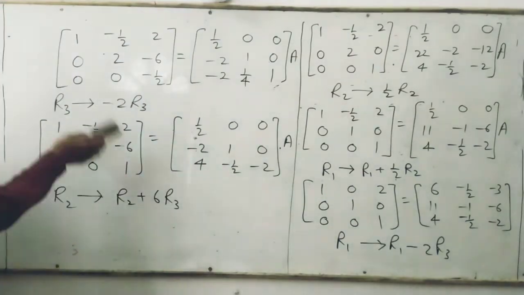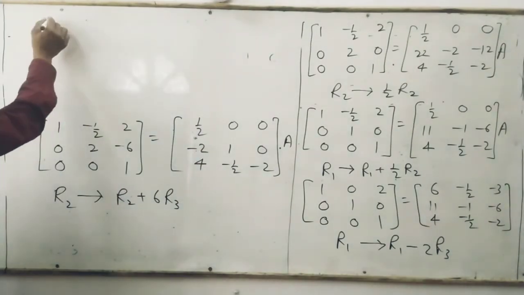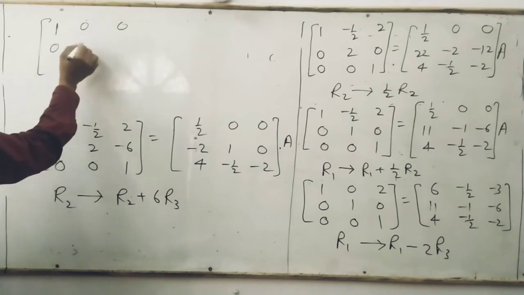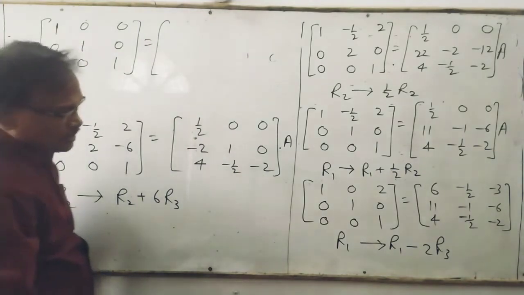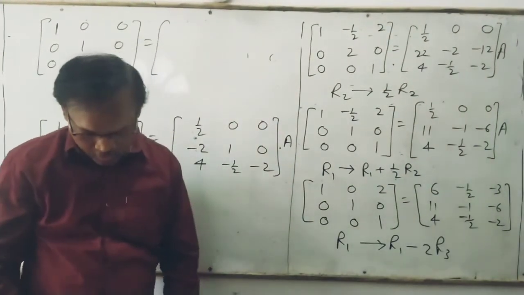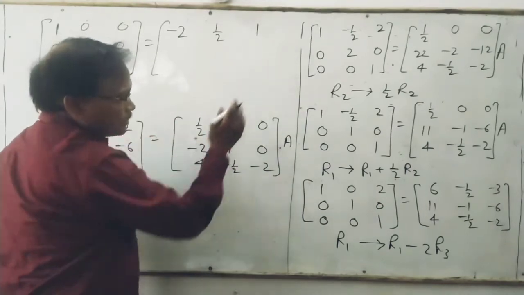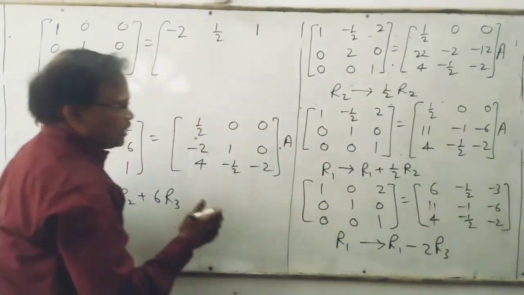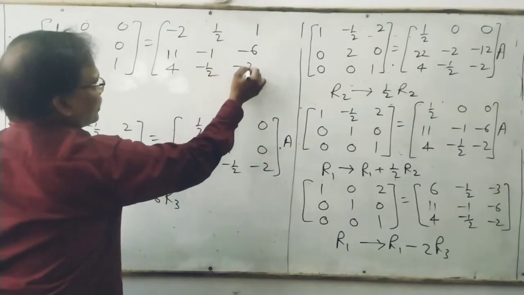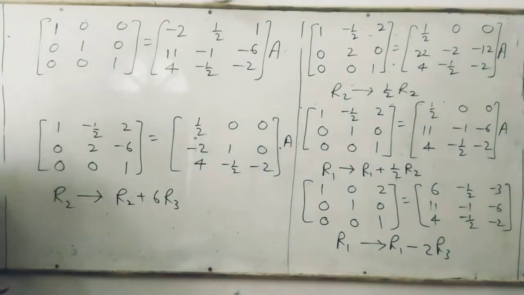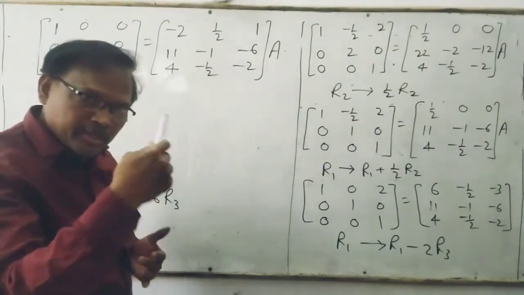So the next step after this: 1 0 0, 0 1, it will change into this unit matrix, and this will change into, you can say, minus 2 after 1 by 2, this 1, and these two rows will be the same, 11, minus 1, minus 6, 4, minus 1 by 2, minus 2 into A. So at last you can see the left side matrix has changed completely into the unit matrix.